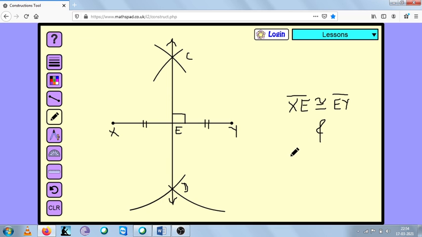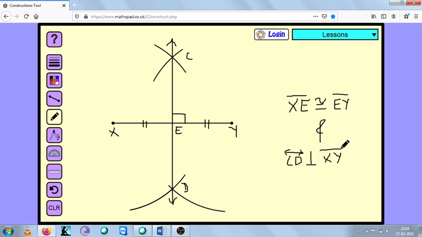That also, line CD. Line CD is the perpendicular bisector of segment XY. So I hope this construction is clear.